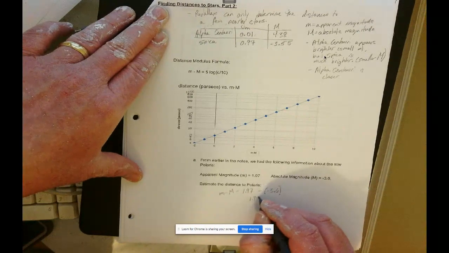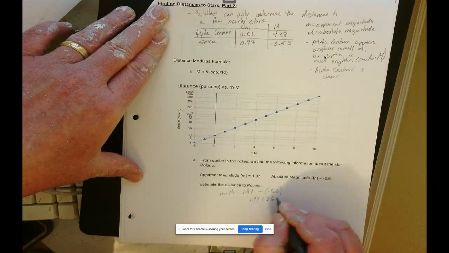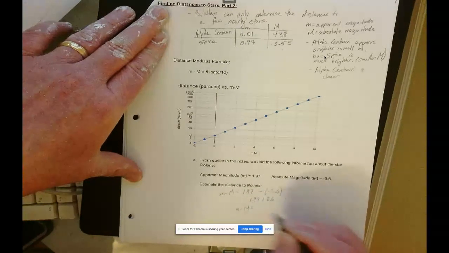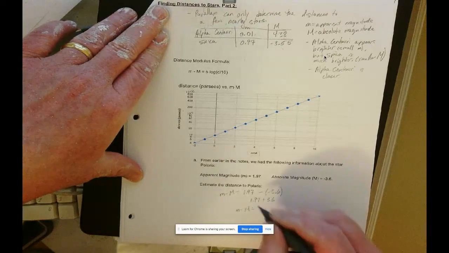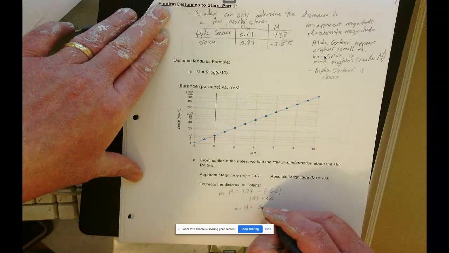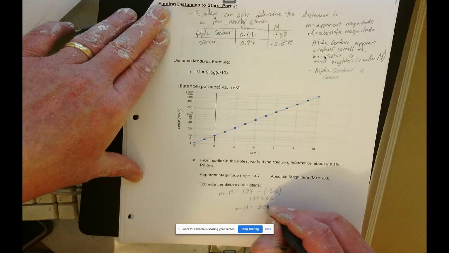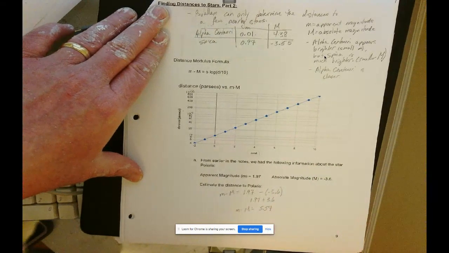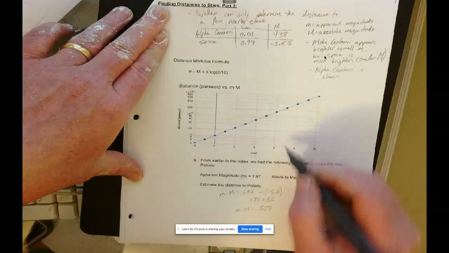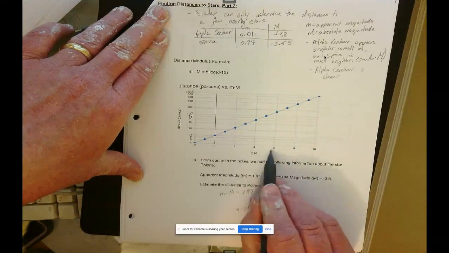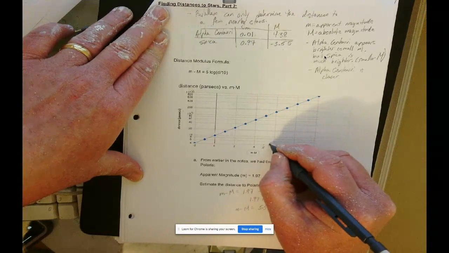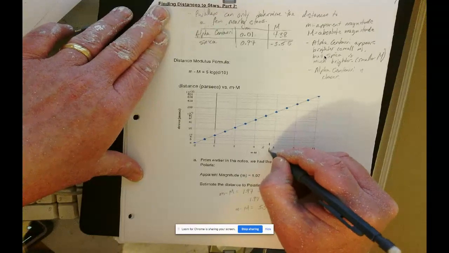So 1.97 plus 3.6. We're going to get little m minus big M is equal to 5.57. All right, then all you have to do is look on the graph and see where 5.57 would be. Well, there's 4, there's 6, 5 would be right here, so 5.57 might be right here.